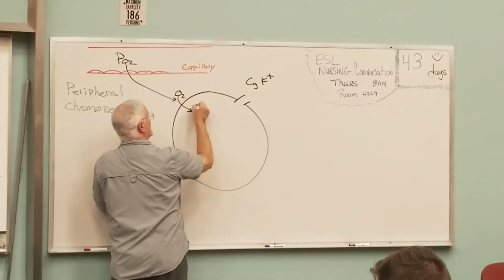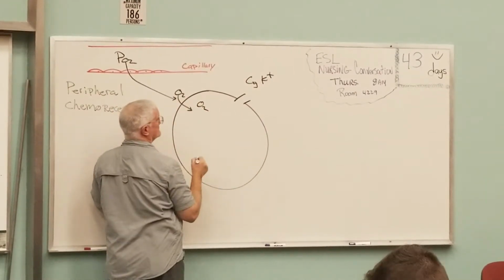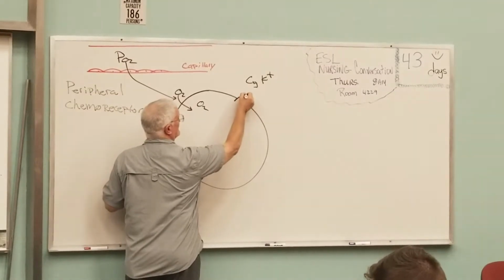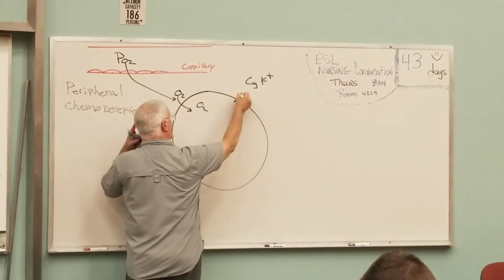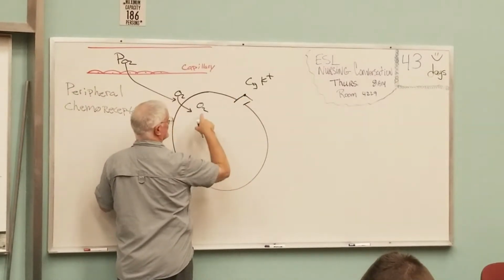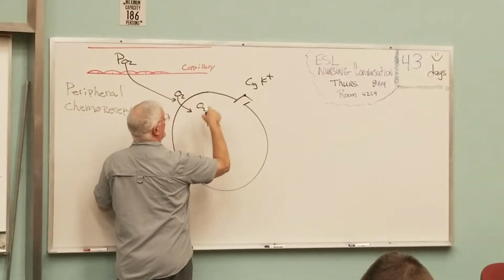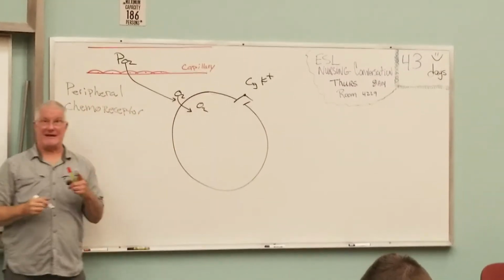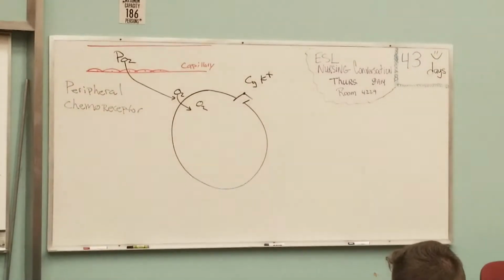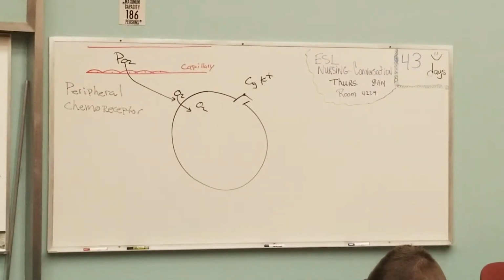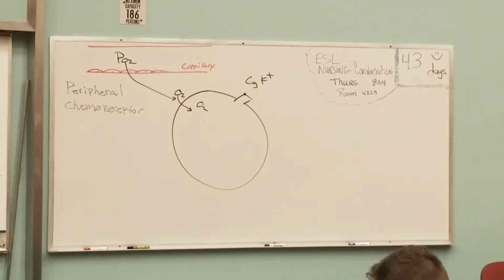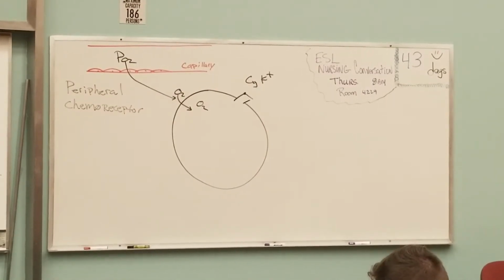And now we have O2 inside the cell. Remember, when it's gated, that means it can be opened or it can be closed. O2 is like the key, and this is a little bit different. Normally we talked about chemical signals coming to the outside of the cell and knocking on the door from the outside. This is an intracellular signal in a sense, within the cell.